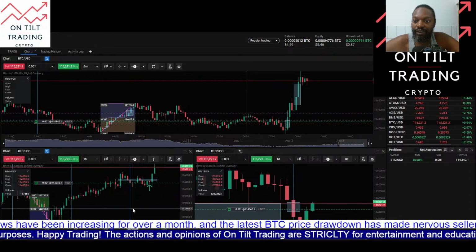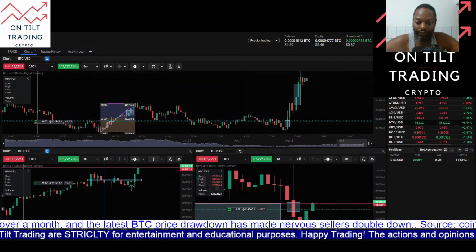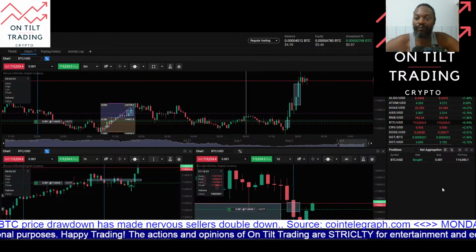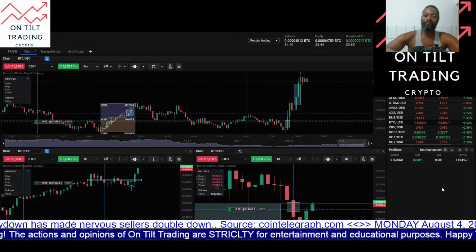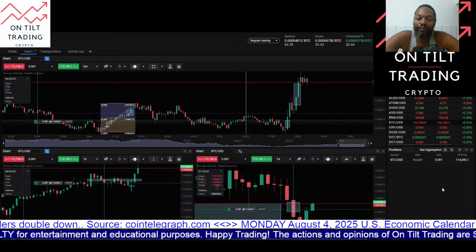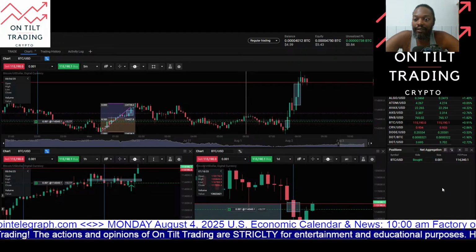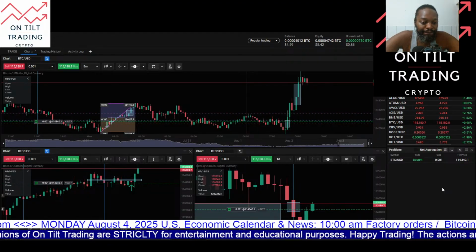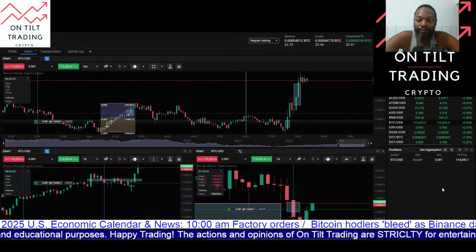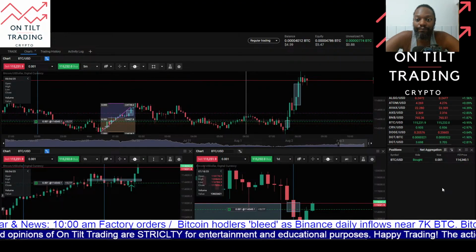Some buy side delivery here, 115.220. Price consolidating here, 115.200. $115.220.